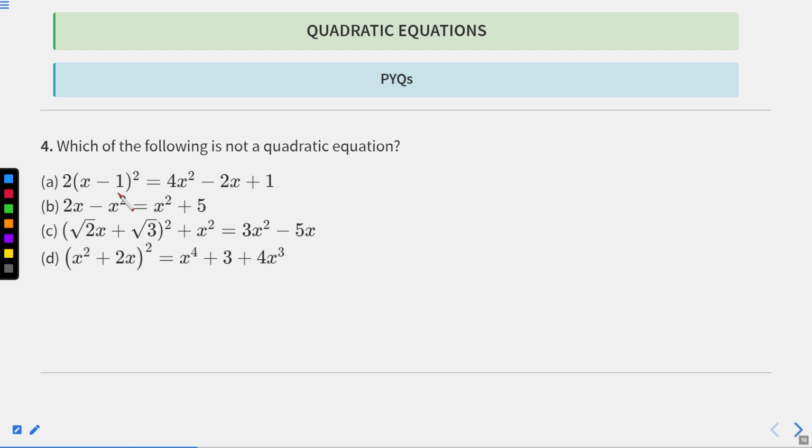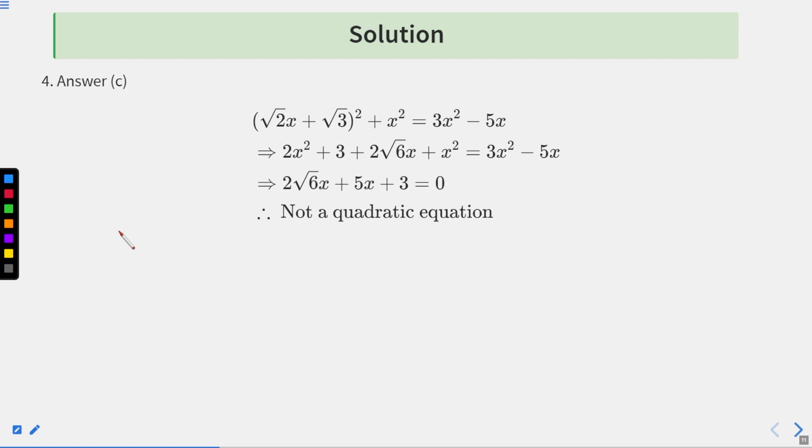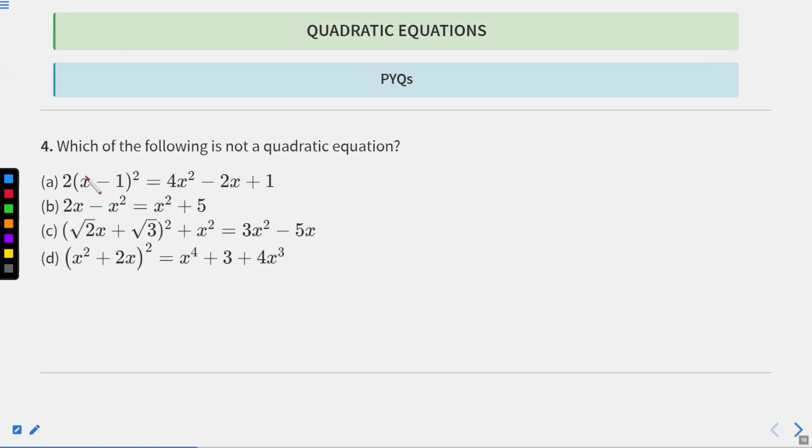Okay, so first check option number A. Here we have been given 2 times x minus 1 whole square is equal to 4x square minus 2x plus 1. If we simplify this, it gives 2 times x square minus 2x plus 1 is equal to 4x square minus 2x plus 1.